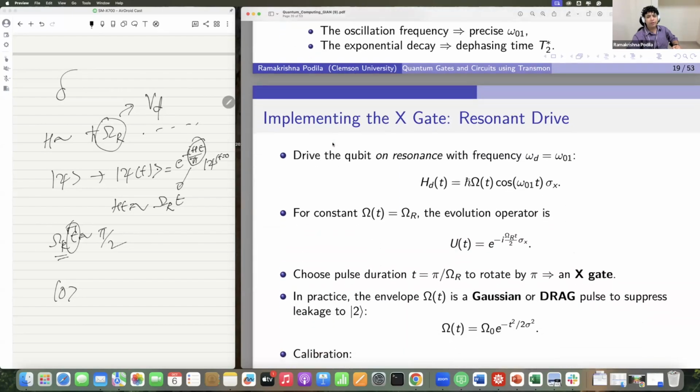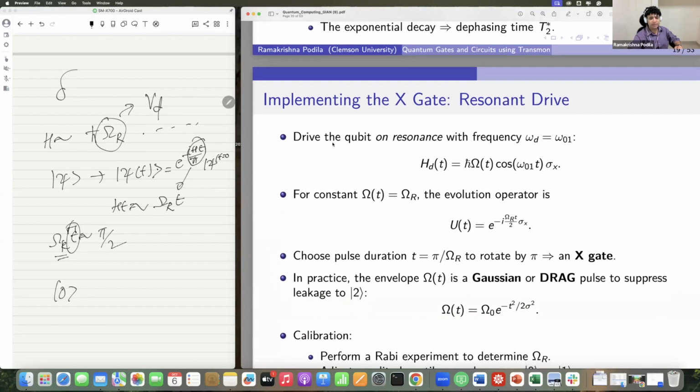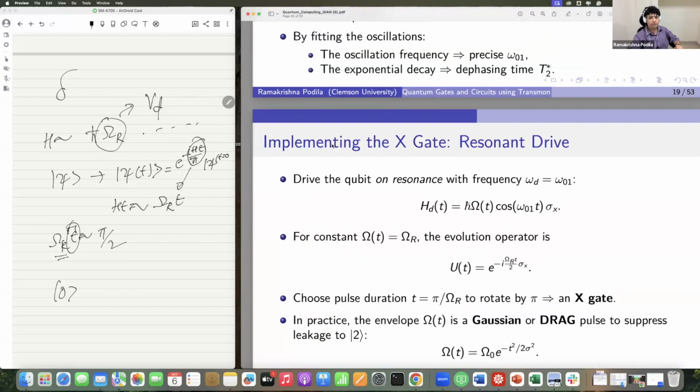So now, if you want to implement something called an X gate, what an X gate is going to do is you begin with state 0, and I want to turn it into 1. If I start with 1, I want to turn it into 0. So it is like a NOT gate, going from 0 to 1 or 1 to 0.